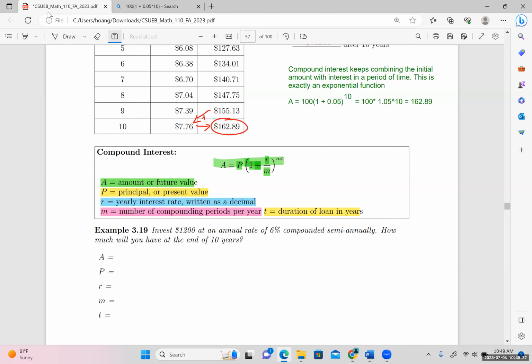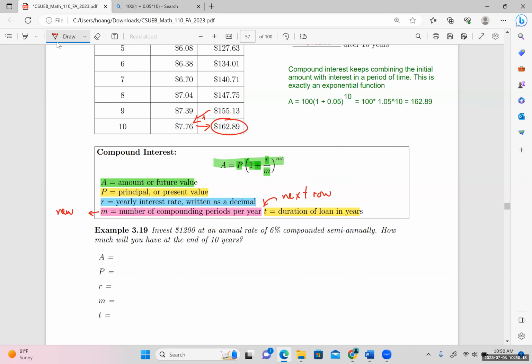I would love to make this the next row, but anyway, you're going to see that in this form, this one is new, the newest one: M equals the number of compounding periods per year.